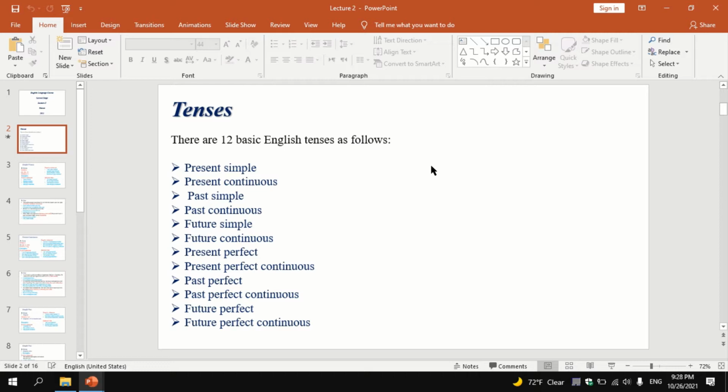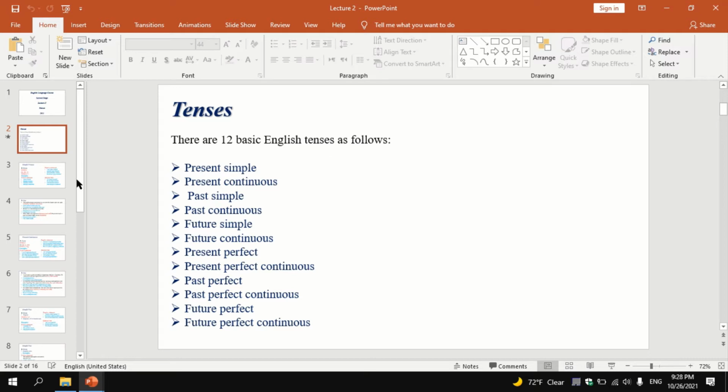We will speak about each tense separately, and we will concentrate on the important one in your speaking and writing. So you need to know the tense of verb when you're speaking or in your writing skill.